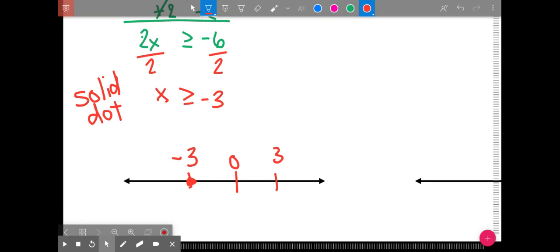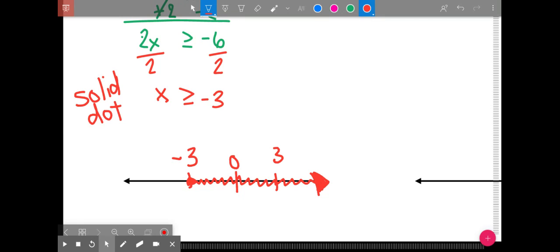So I'm going to shade to the side that has the +3 because the +3 is bigger than the -3. And then I'm going to shade the arrow to show that my shading goes on forever because it's not just 3 that's bigger than -3. 4, 5, 6, 7, 8, a million, 5 billion, those are all bigger than -3.